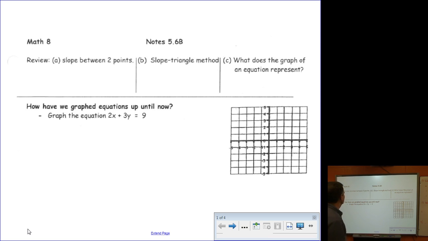On a graph, one of the important things about a line is its slope, and we have learned two different ways to find the slope of a line. One way you should know is you should be able to find the slope between 2 points. You would do that by using the slope formula.